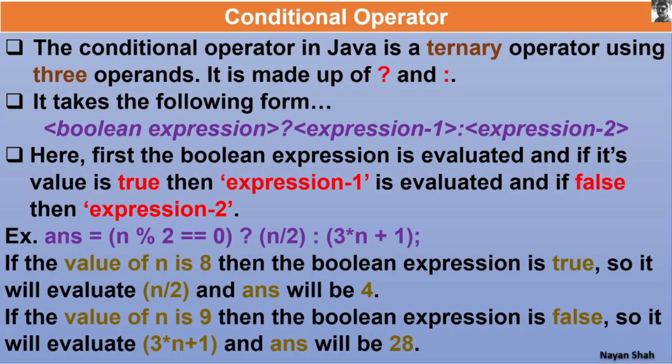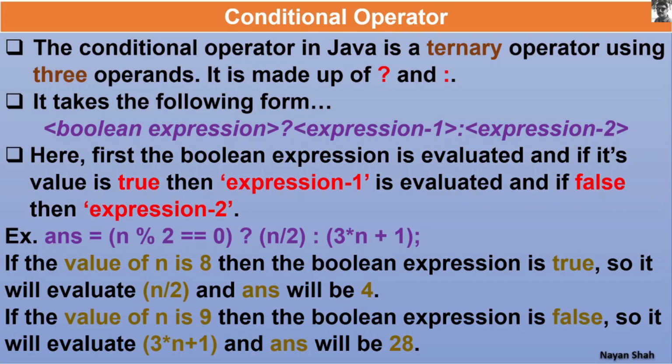Remember, the conditional operator is the same as if-then-else. First the Boolean expression is evaluated, and if its value is true, then expression 1 is evaluated, and if it is false, then expression 2 is evaluated.